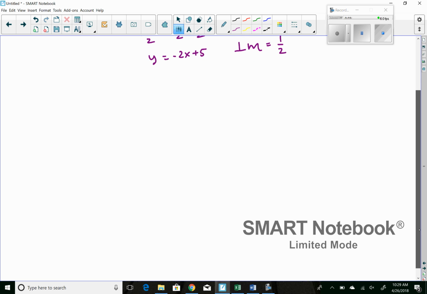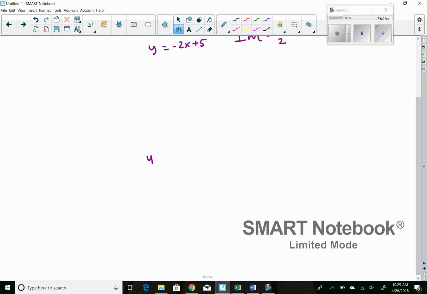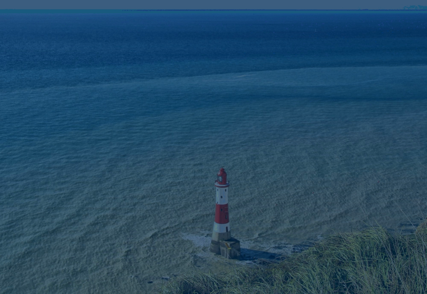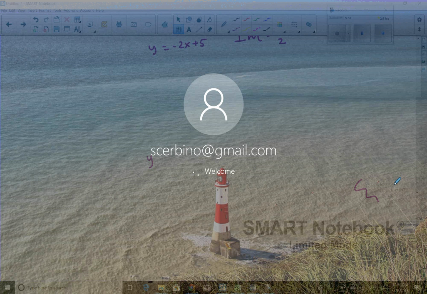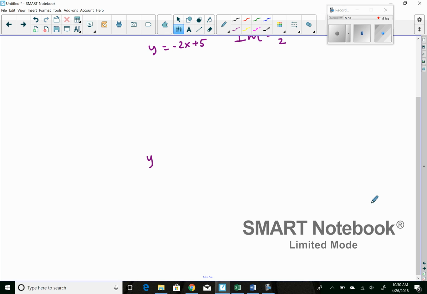So to write an equation of a line that passes through, again, I'm going to use the point slope form of the equation of a line. So the point slope form of the equation of a line is y minus y1 equals m times x minus x1.